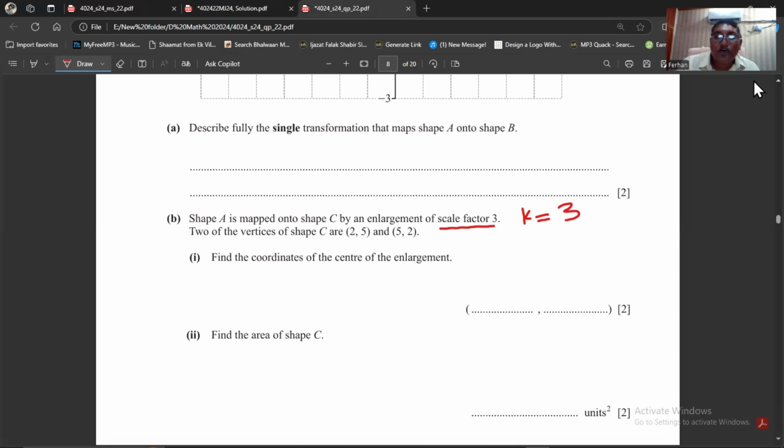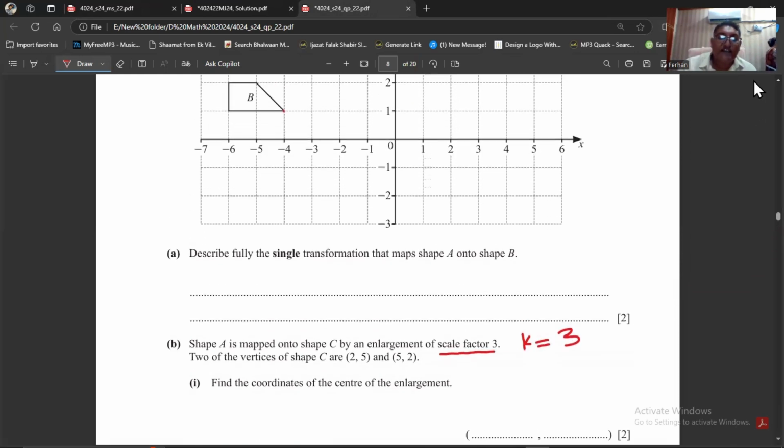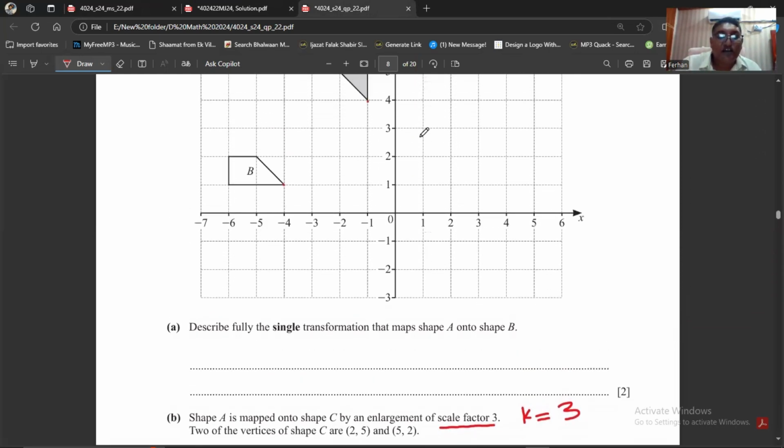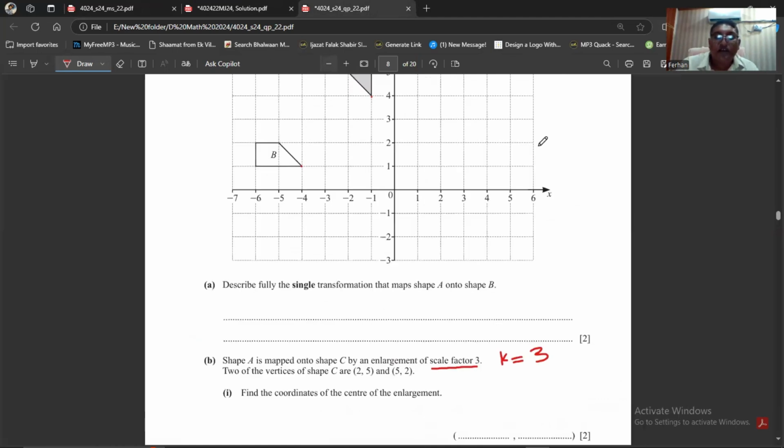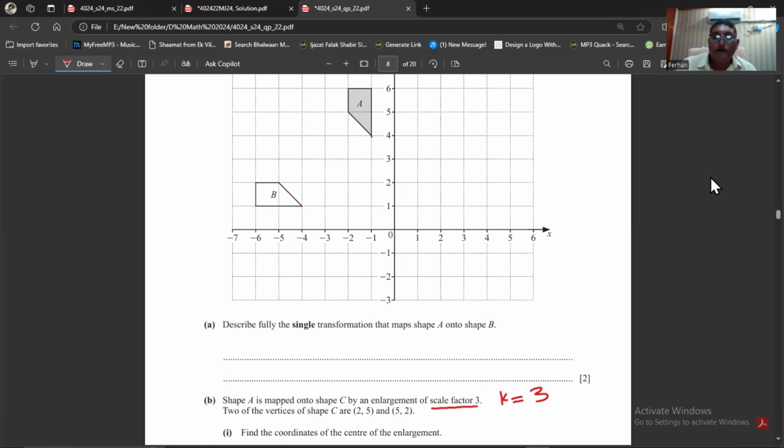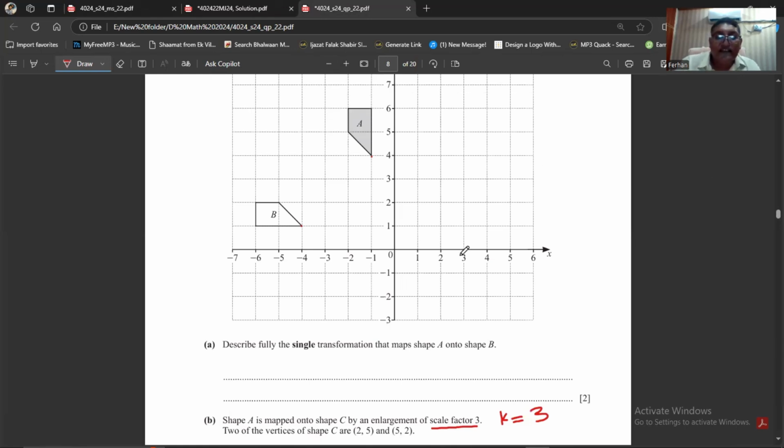Okay. So they have given us the figure A, let me go to that. They say A has been enlarged, and two of the vertices of its image are given.